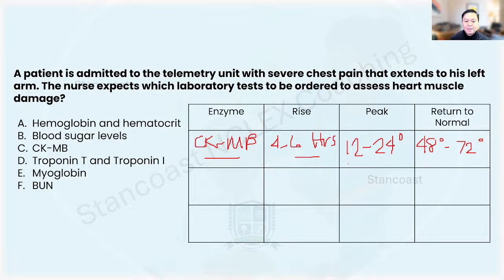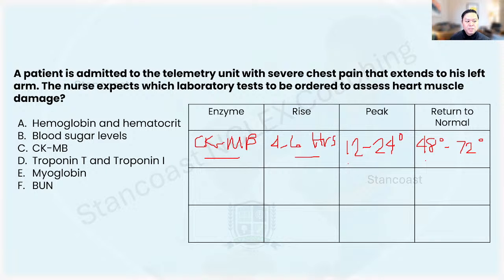Again, the CKMB will elevate 4 to 6 hours after the MI. The highest level of the CKMB in the bloodstream will be within 12 to 24 hours. Okay, it will return to normal within 2 days to about 4 days. So it remains elevated for quite some time.